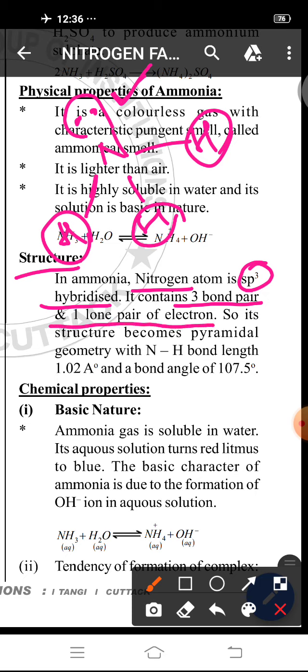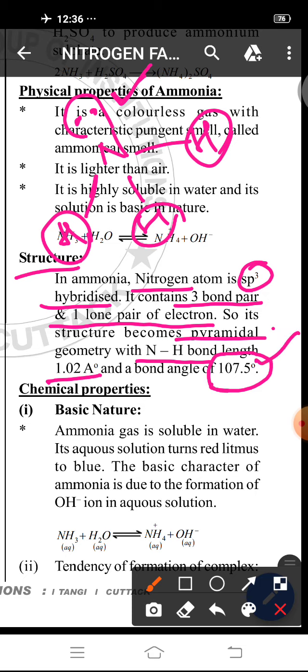So the structure becomes pyramidal due to the presence of one lone pair of electrons. The structure becomes pyramidal instead of tetrahedral, and the bond length of the nitrogen-hydrogen bond is 1.02 angstrom, and the bond angle is reduced from 109 degrees 28 minutes to 107.5 degrees.